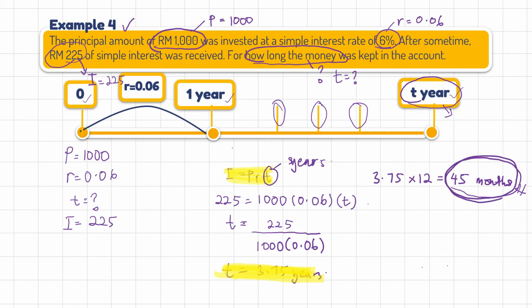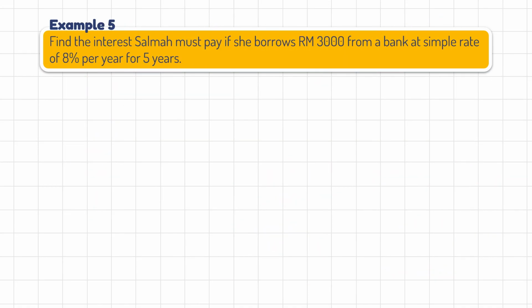But in calculation, our T must be in years. So, in exam, you can write your final answers such that T equals to 3.75 years, or you can write T equals to 45 months. Both answers are accepted.